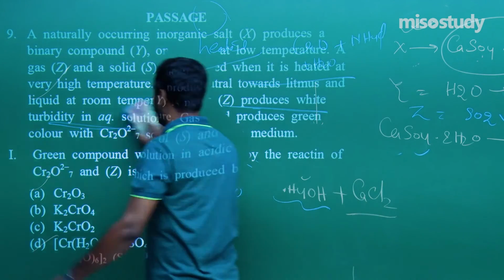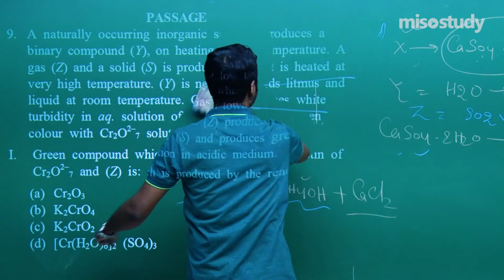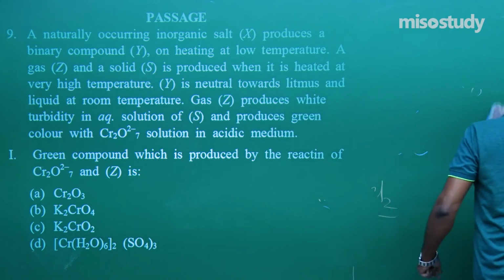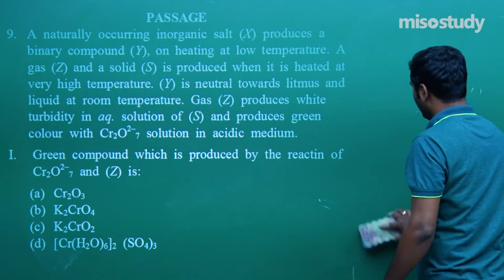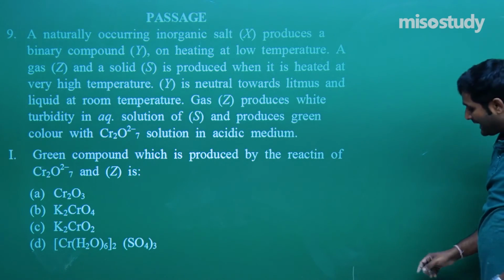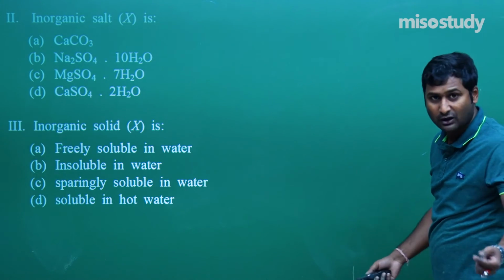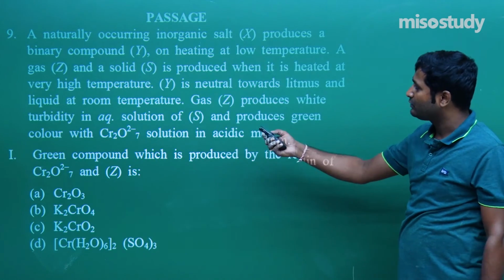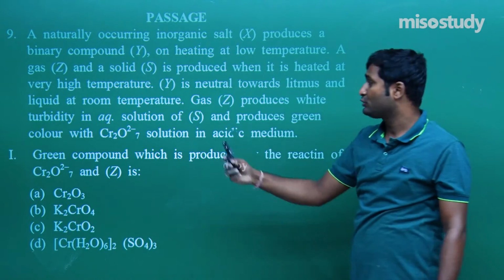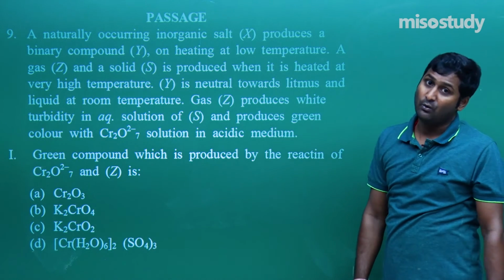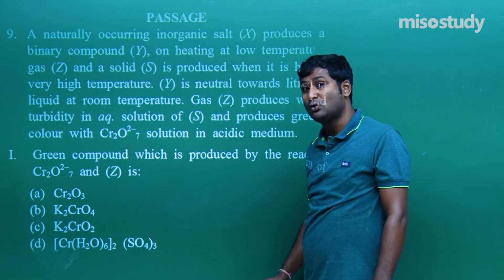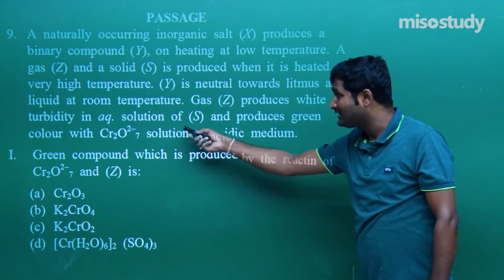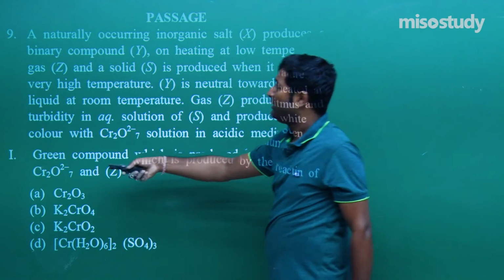Again I review, listen, read the question carefully, what I am telling. If you have any doubt, you cannot say, sir, you are in a hurry. I have time, I am giving you time. As per the theory, if you have any doubt, you can easily look at. Why not this one? As I told, this is not carbonate, this is sulfate. This is not Na2SO4, because according to the question the gas produces white turbidity with CaO plus H2O, Ca(OH)2. When treated with SO2, we know there appears the white turbidity.